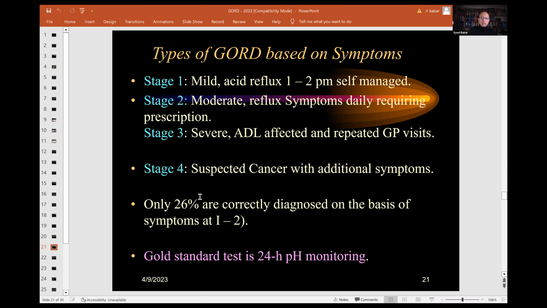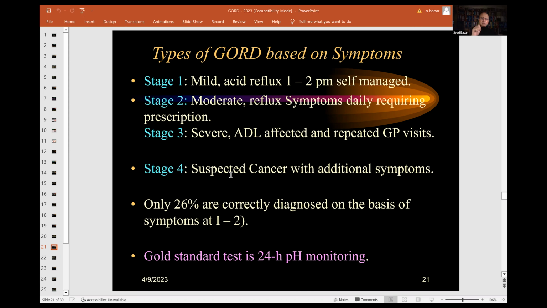Stage 4, when there is possibility of Barrett's or suspected cancer with other conditions, such as hematemesis, B symptoms, weight loss, symptoms of metastasis, and so on, or other features of autoimmune disorder.